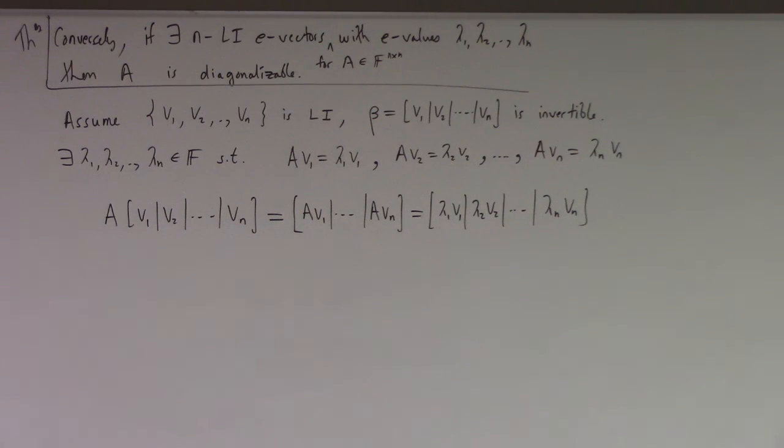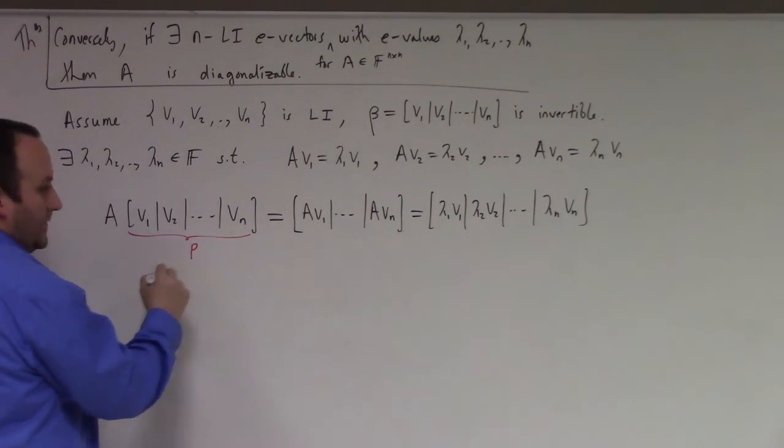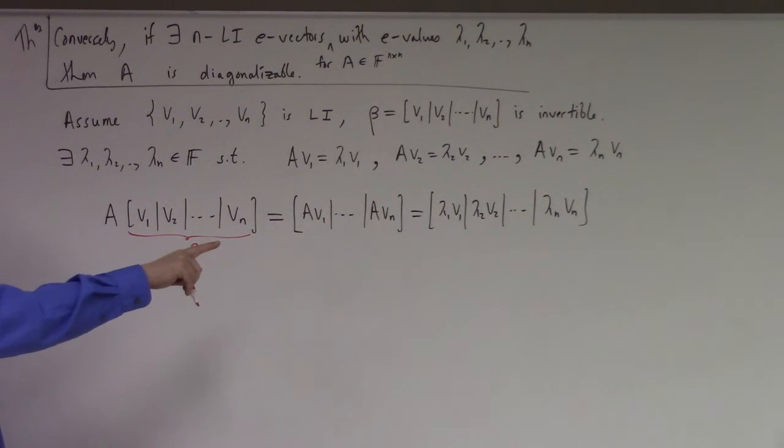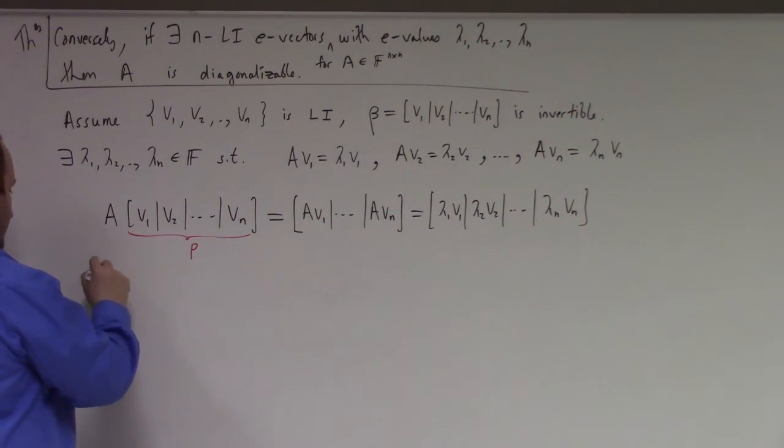See, I want to find a similarity transformation that transforms A to a diagonal matrix. We're almost there. All we need to do is take the equation we have, and if you want to think of this as being the P, then we should multiply by P inverse, so multiply by beta inverse.